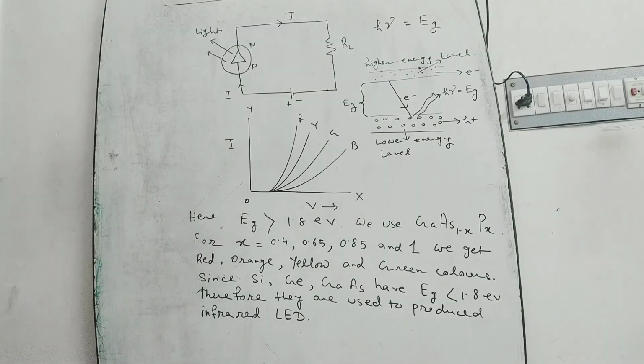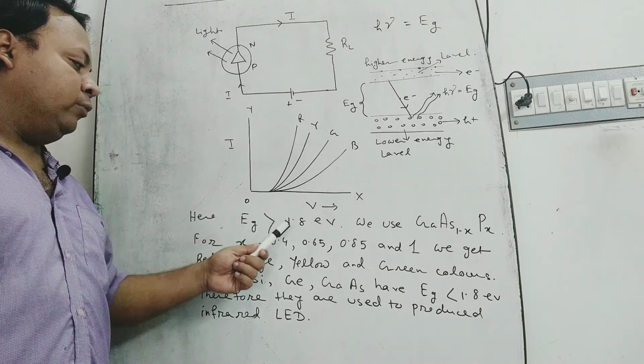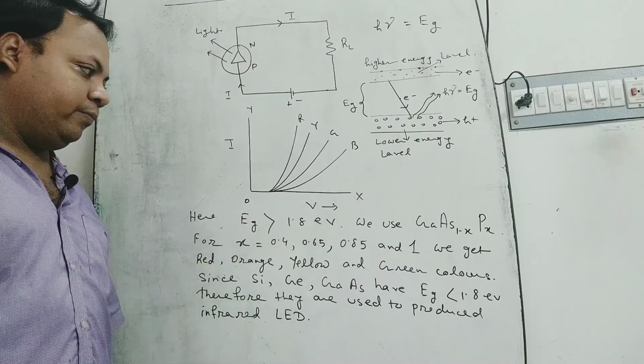Since the energy of the photons of the visible spectrum is from 1.8 electron volt to 3 electron volt, the energy gap must be 1.8 electron volt or greater than 1.8 electron volt.